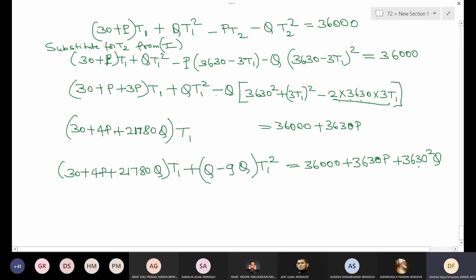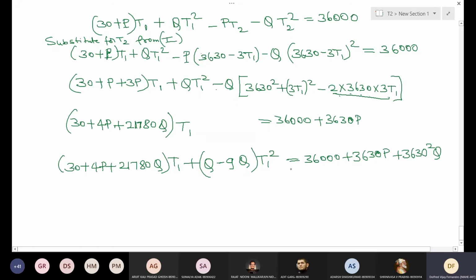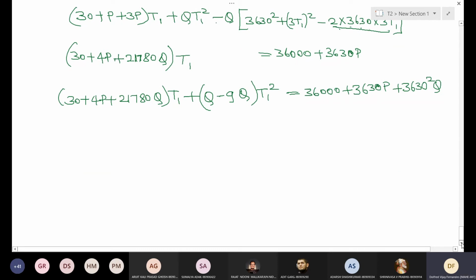Now you can substitute for P and Q. Tell me what is the equation. The only thing is you'll get a quadratic equation and then solve it for T1.